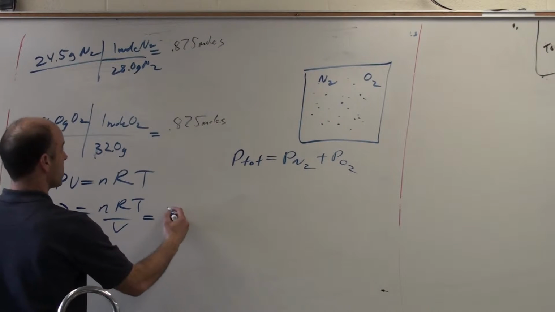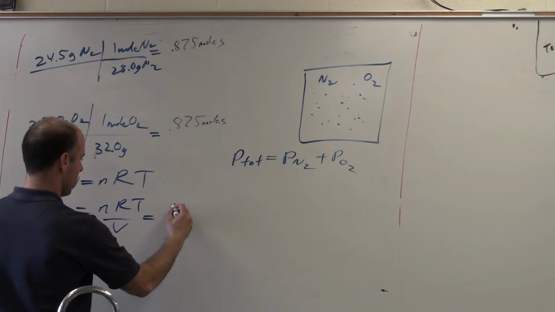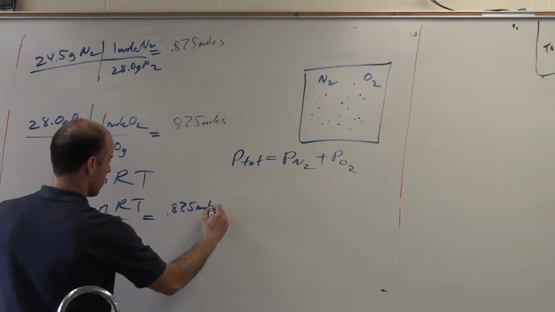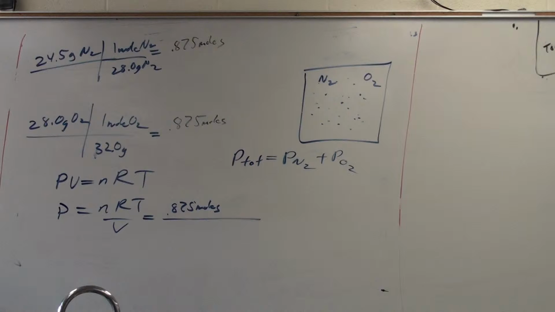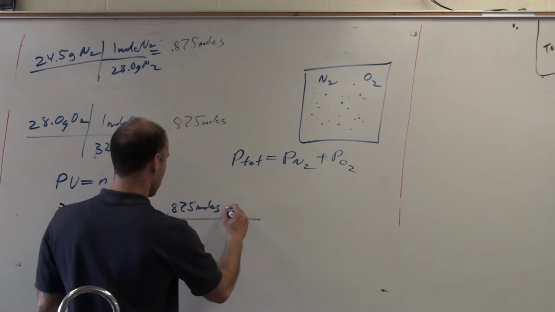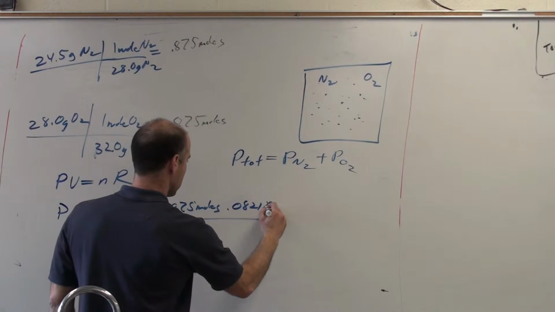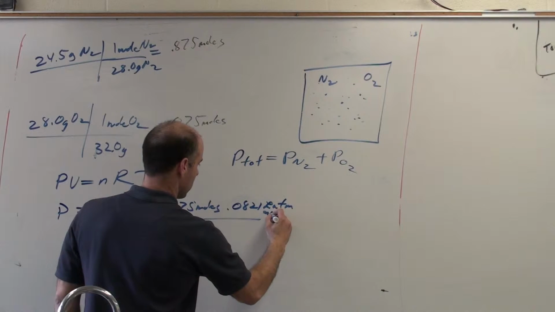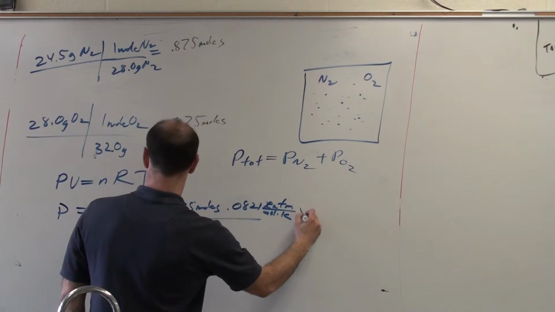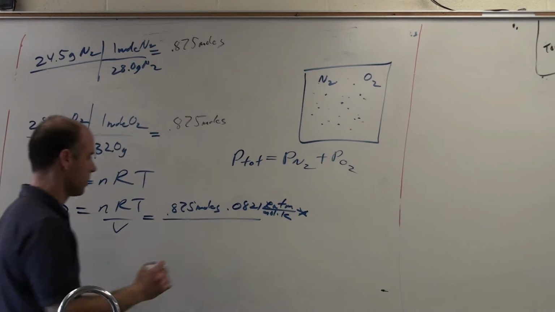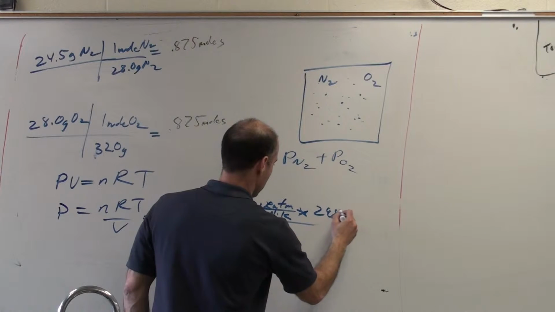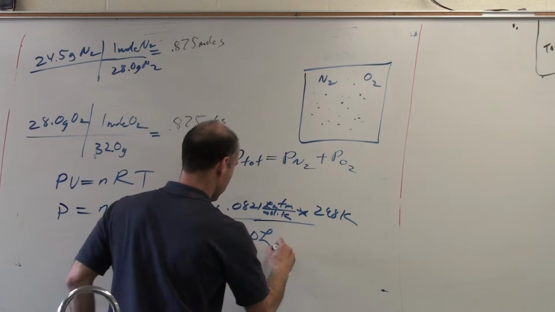The pressure is going to be 0.875 moles times, do they want it in a certain pressure? ATMs, so we'll use the 0.0821. Times our temperature, which is 298. Over our volume, 5 liters.